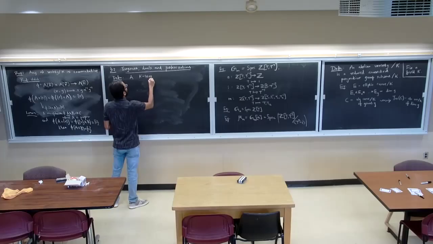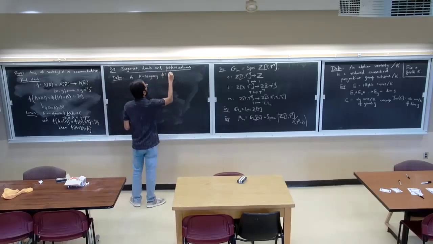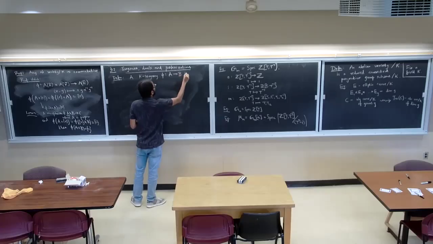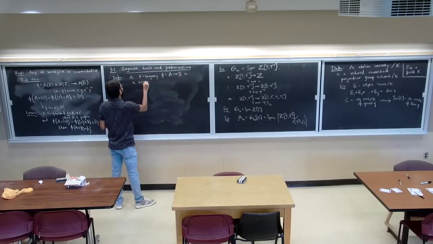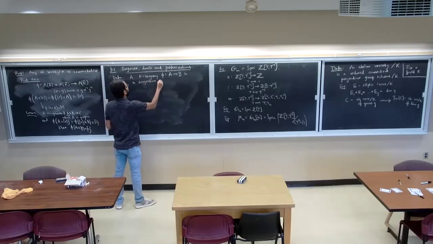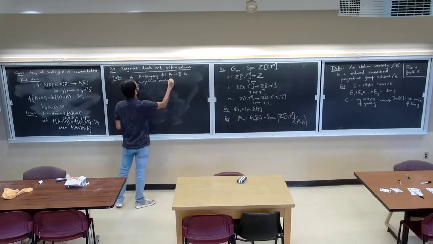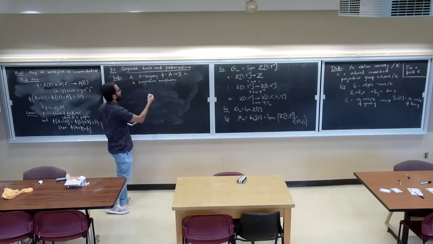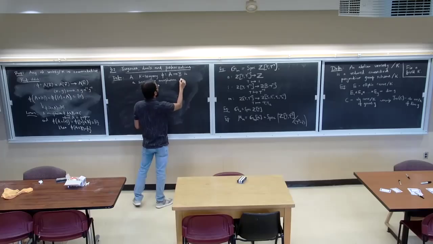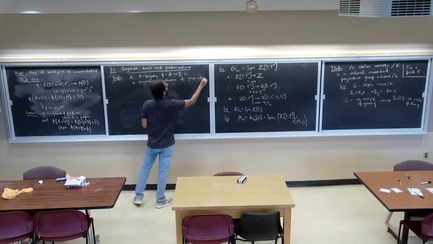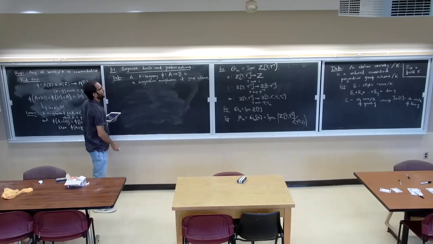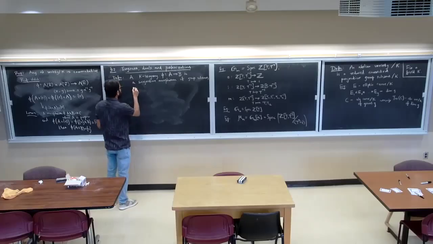An isogeny is a surjective morphism of group schemes. So it's a morphism of schemes which respects all the group structure, with the size of the kernel being finite.